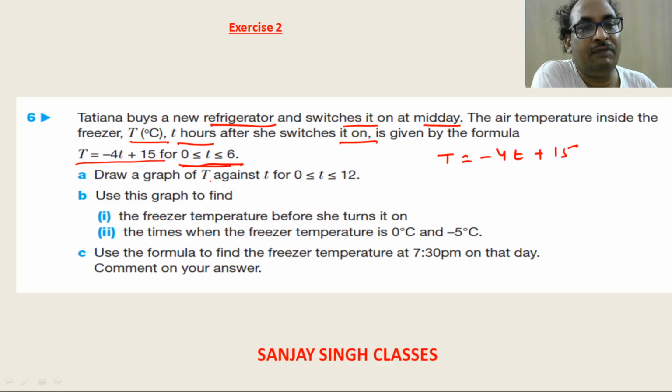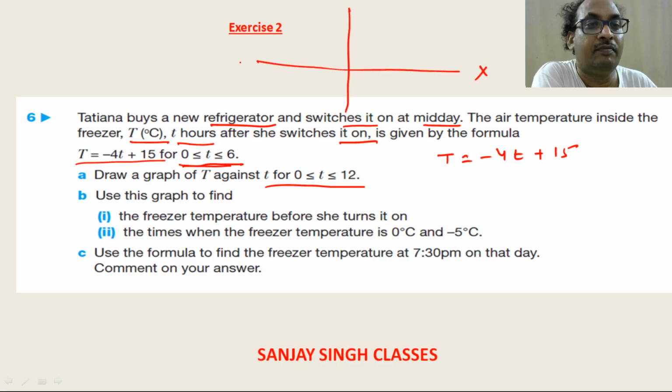Draw a graph of T against t, for t varying from 0 to 12. So if we are drawing a graph, x dash, y dash, and it goes 1, 2, 3, like this, 4, somewhere here 12.